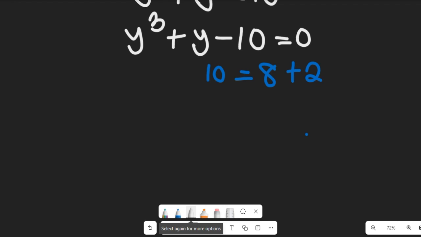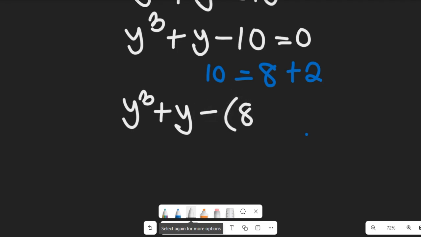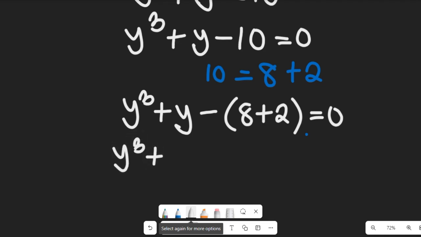I have that expression to give me y to the power of 3 plus y minus 8 plus 2, and this will be equal to 0. Now I can expand that to give me y to the power of 3 plus y minus 8 minus 2, because minus times plus is going to give us minus 2, and that will be equal to 0.